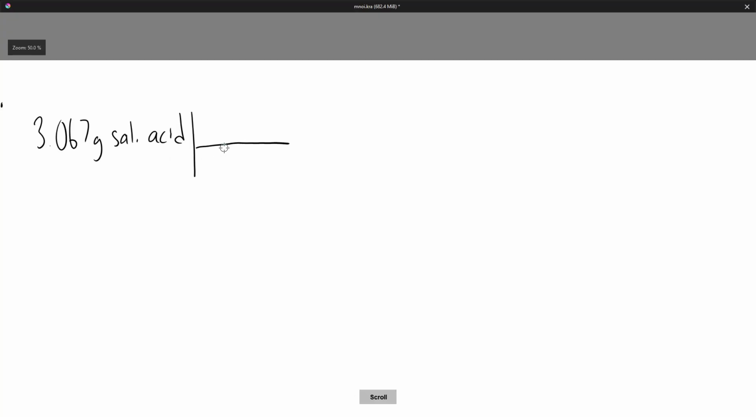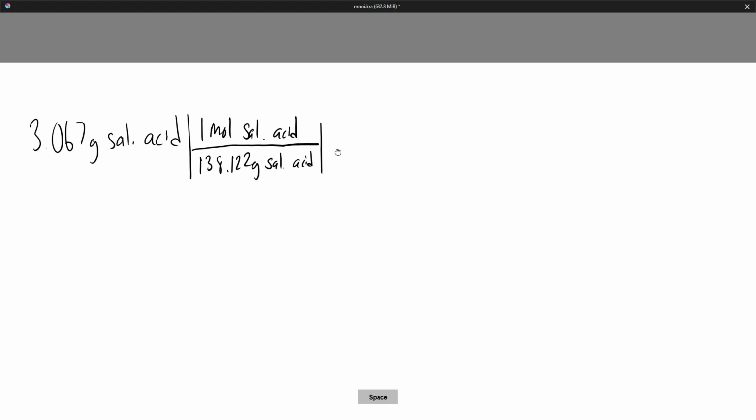So we want to convert this into a number of moles of salicylic acid first. So 1 mole of sal acid is equal to 138.122 grams of salicylic acid.